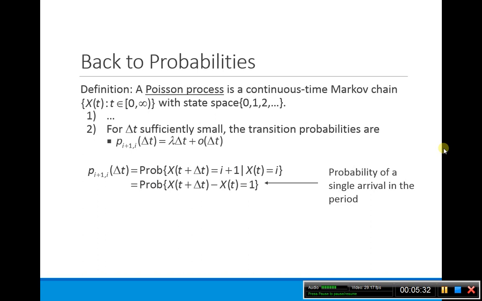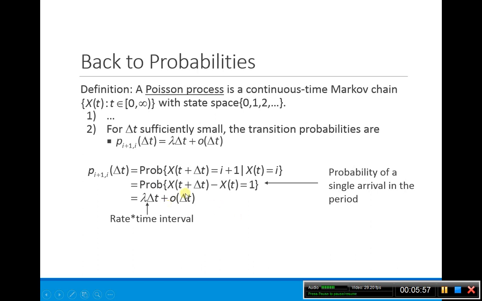So here we're thinking that the event is an arrival because we're talking about a counting process. In this time period delta t, this is the probability that you have a single arrival. This was what we were given before, and it makes sense because if lambda is our rate, then you have the rate of arrival times the time interval.